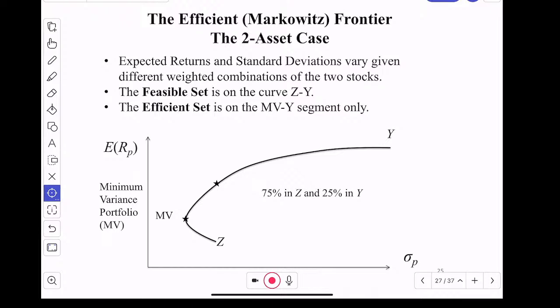And so, just to repeat, this would be 100% invested in Z and 0% in Y. Something like this would be 75% in Z, but 25% in Y, all the way to 100% in Y, 0% in Z.